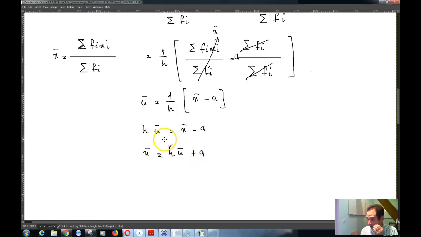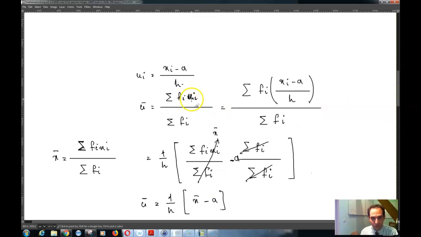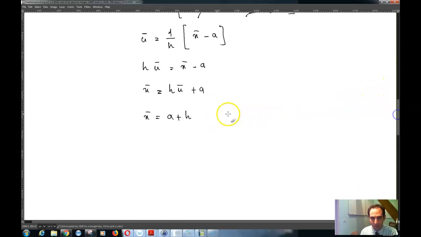That means, and of course you can write this as x bar is equal to a plus h times u bar, and u bar was this thing over here, sigma f of i u of i over sigma f of i as i goes from 1 to n, of course, right?